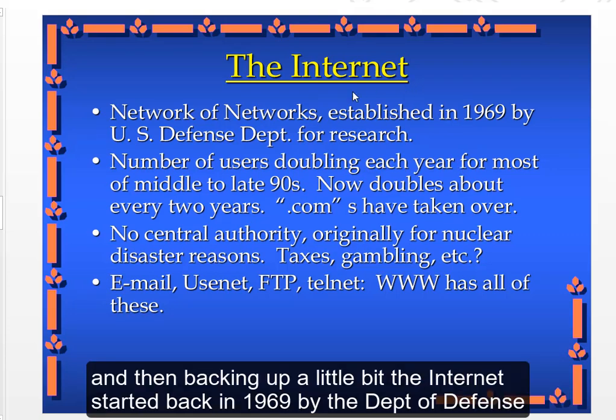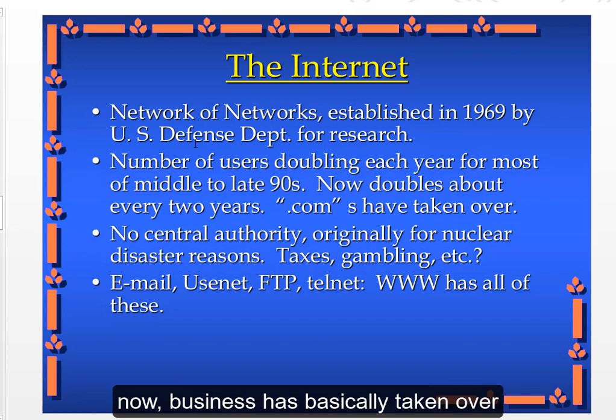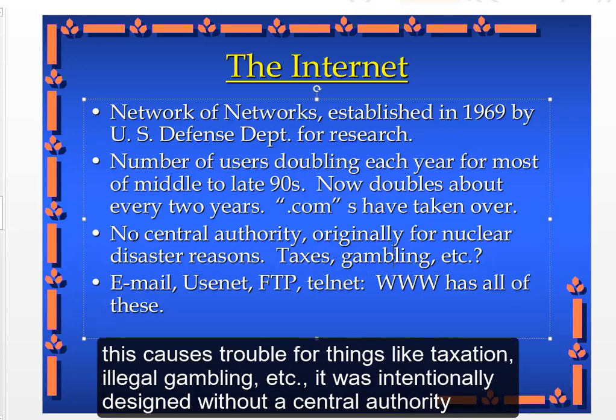And then backing up a little bit, the internet started back in 1969 by the Department of Defense and education institutions. Now, business has basically taken over. But this causes trouble for things like taxation, illegal gambling, etc. It was intentionally designed without a central authority.